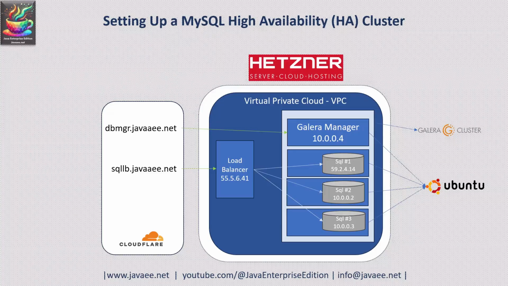For some reason, if someone needs to have a look at the database through the internet, they can only do that if the node has the public IP address, right? So we can enable it and disable it on a need basis. Just for the demo purpose, I'll be setting up the public IP and private IP on these SQL nodes. So this is the overall architecture of the SQL server that we're going to set up.